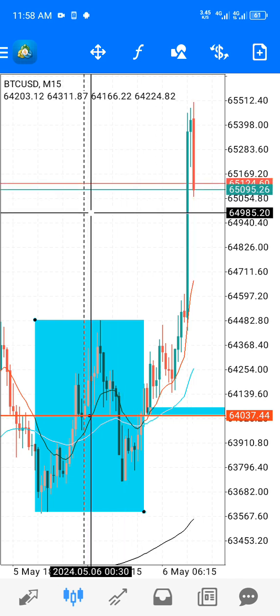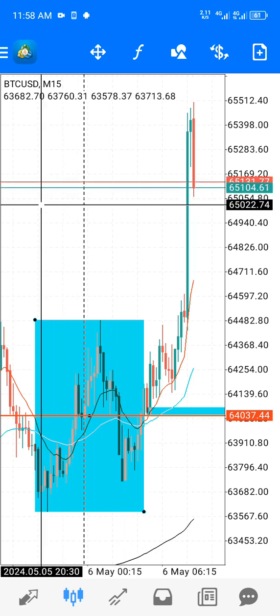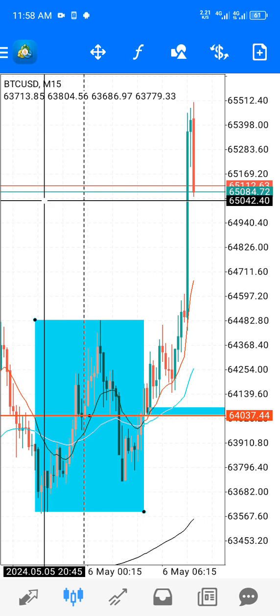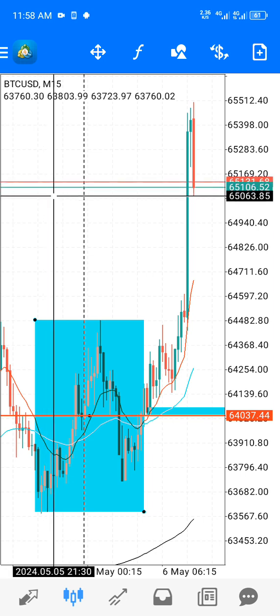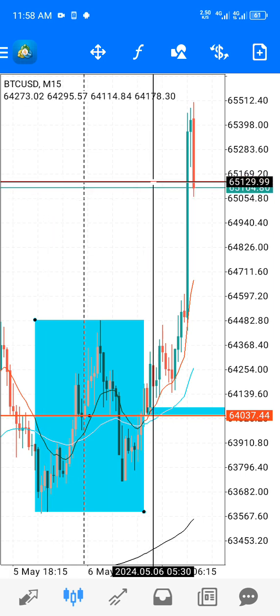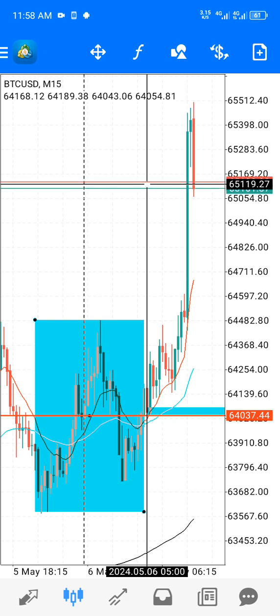So we mark the 21 candle and we look for the 5. 21 plus 3, that's 24. That means that's 00, midnight. Then 5, it's 8 plus 3. That means that's 8 a.m. here in Uganda in the morning.